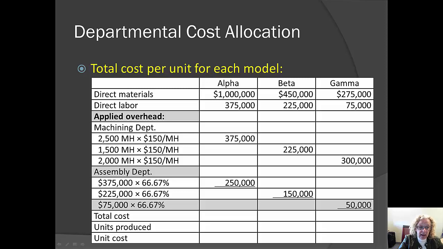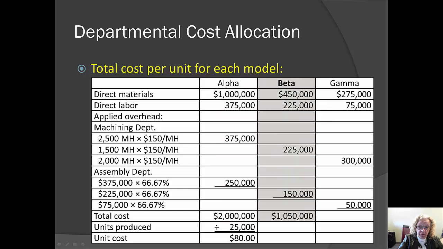Now that we've allocated all of our overhead, all we have to do is add up materials, labor, machining department overhead, and assembly department overhead for the alpha motors, divide by the number of units produced, and that will tell us, under this model, each alpha motor cost $80.